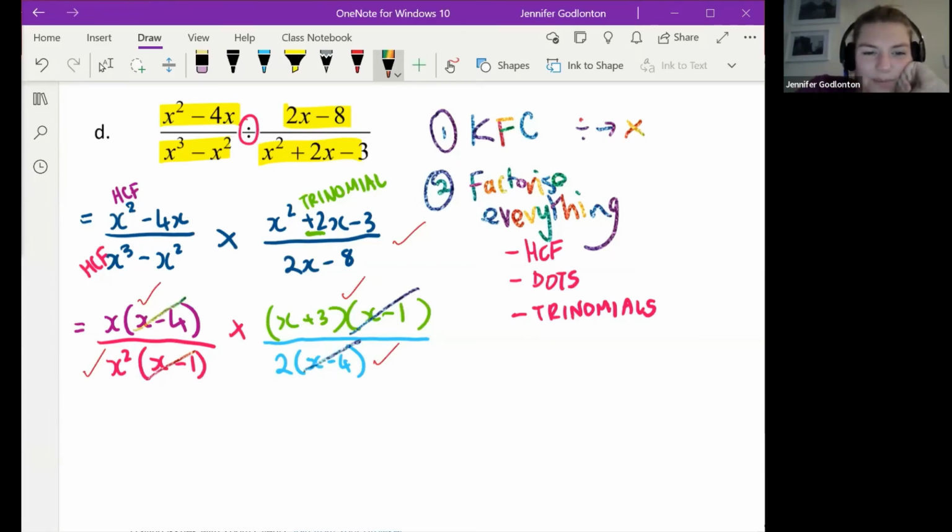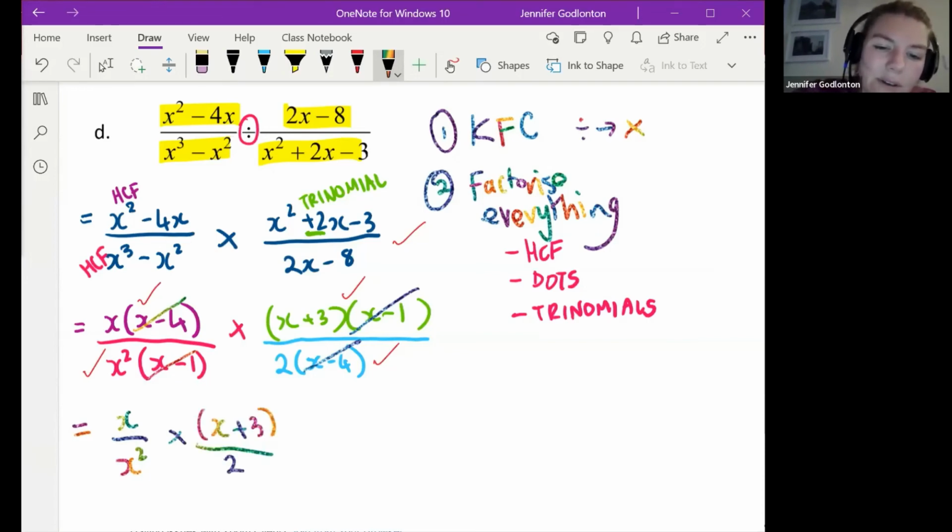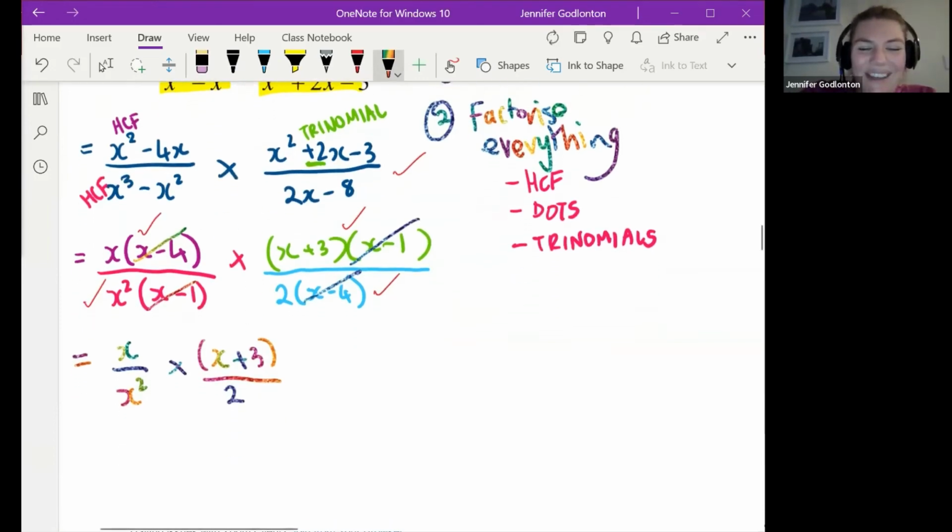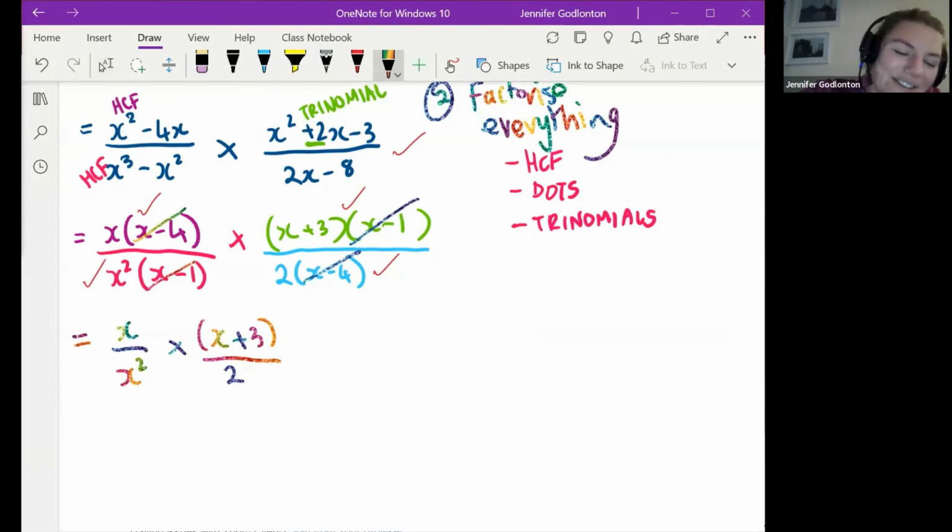And then we're left with x over x squared multiplied by x plus 3 over 2. Can I simplify that x over x squared? Yes, ma'am. What can I simplify it to? I don't know. So over here, exactly. So I've got 1x at the top and 2 x's at the bottom, which means I can simplify that down to 1 over x.